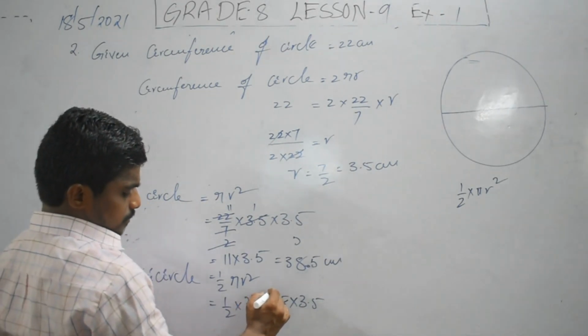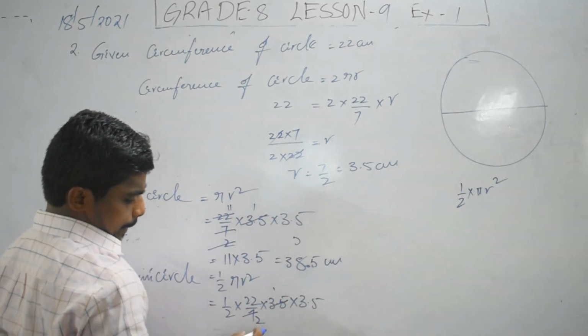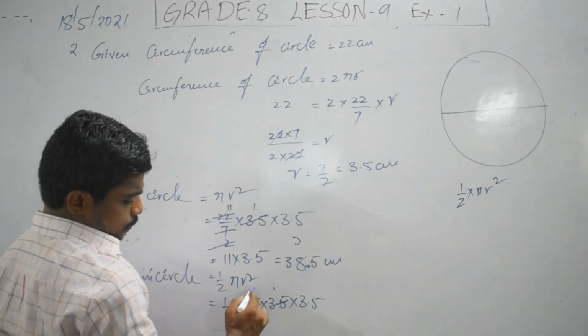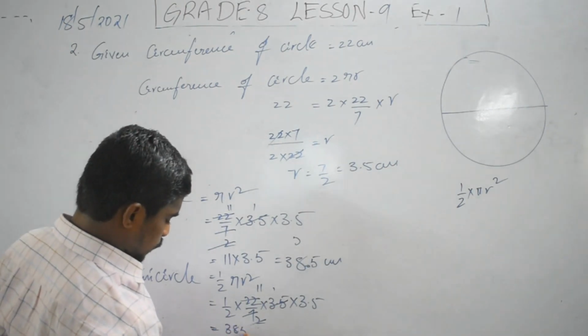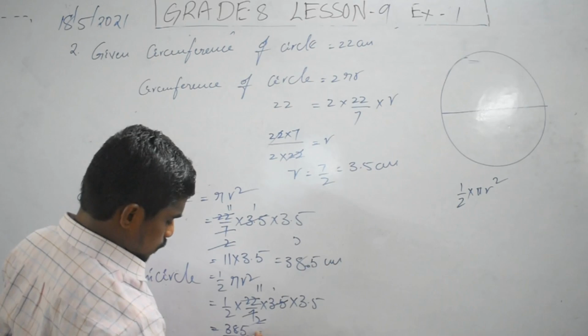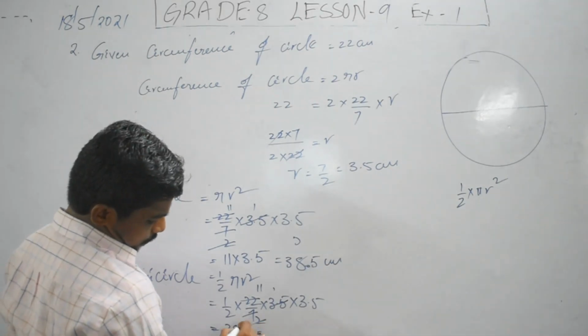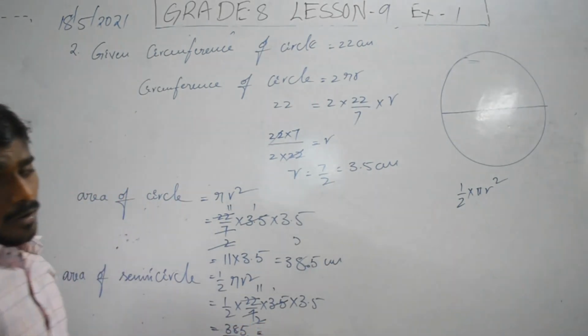So we know 3.5 1 jar, 3.5 2 jar, 2 1 jar, 2 11 jar. So 38.5 by 2, how much? 38 half, how much?